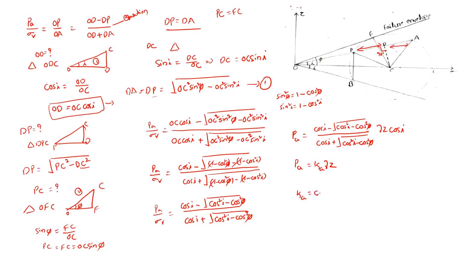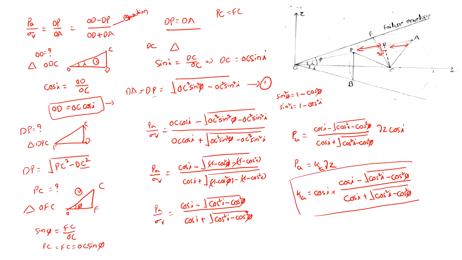Ka is equal to cos I into cos I minus root over cos square I minus cos square phi, divided by, same way, cos I plus root over cos square I minus cos square phi. This formula we have to use while calculating the active earth pressure. We have to remember this formula.